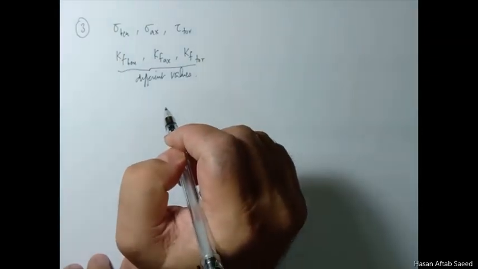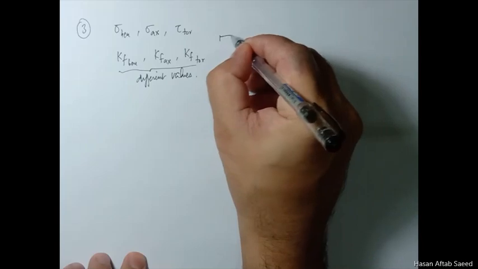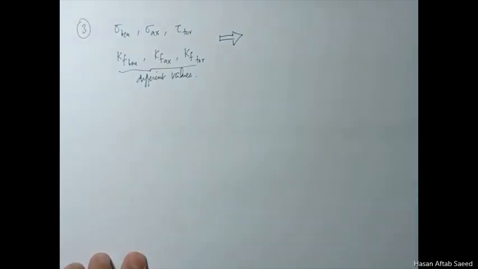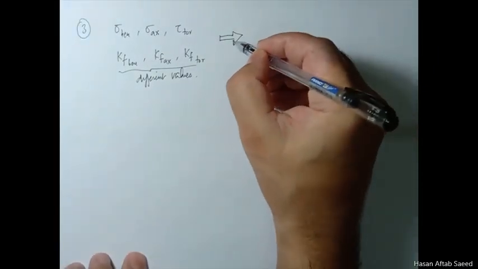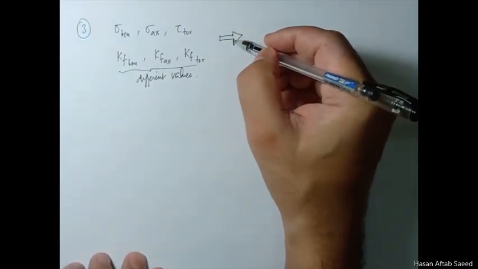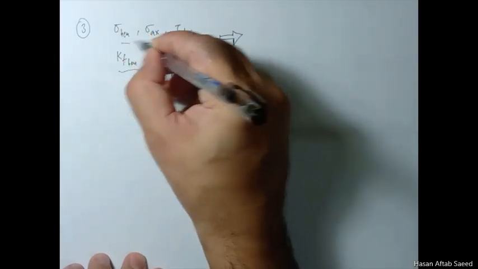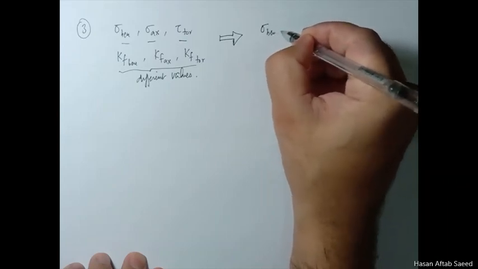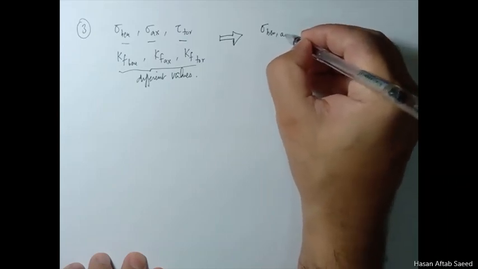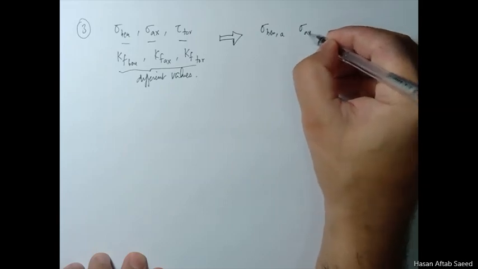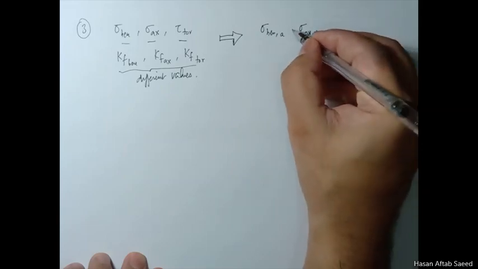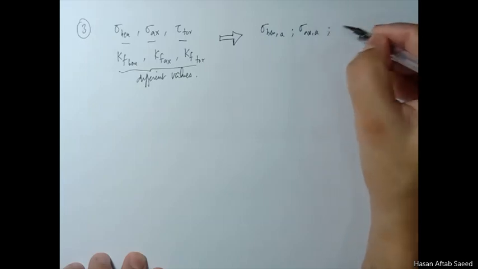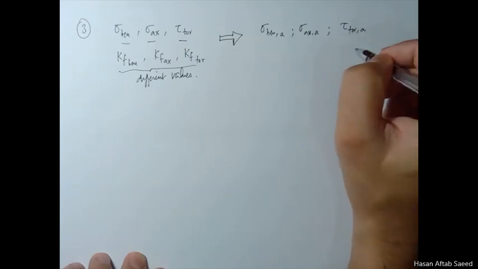So you have three different kinds of values, and if it's a fluctuating case, then the complexity increases even more, because now you have not only these three types of stresses, but also the amplitude component of bending stress, the amplitude component of axial stress, and the amplitude component of torsional stress.